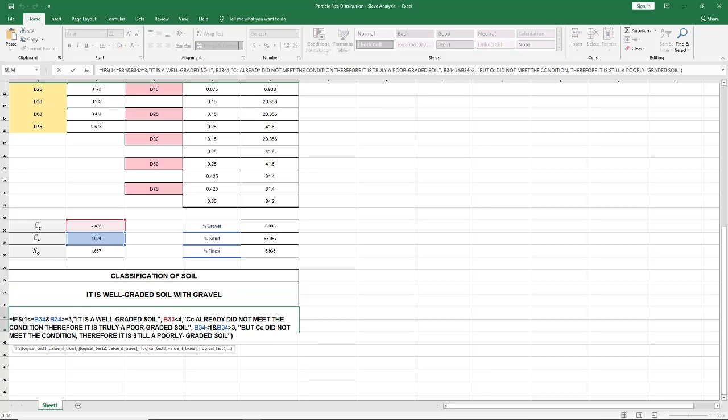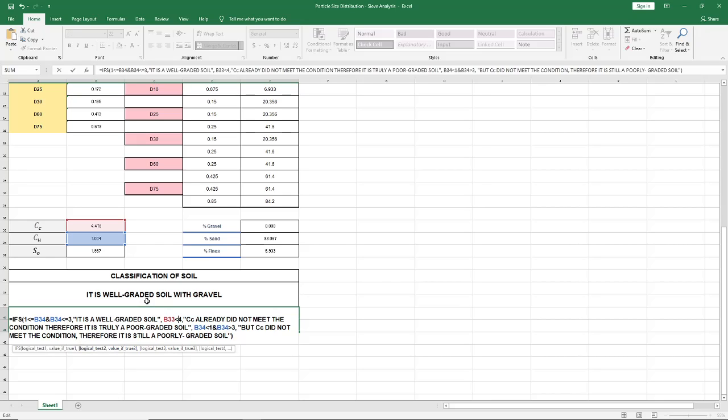Here are the logical tests again. Since we have given the parameters for CU to be a well-graded soil, it should be greater than 1 and less than or equal to 3 also.